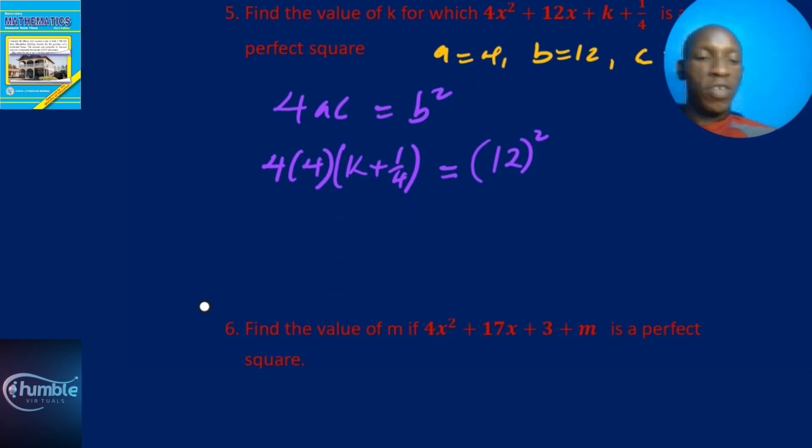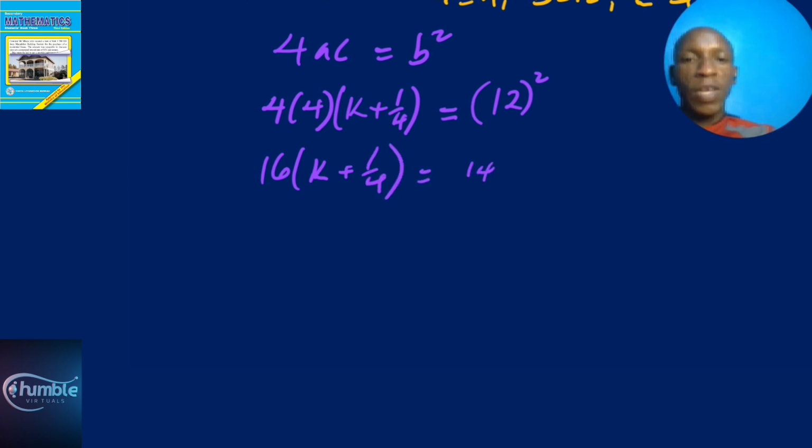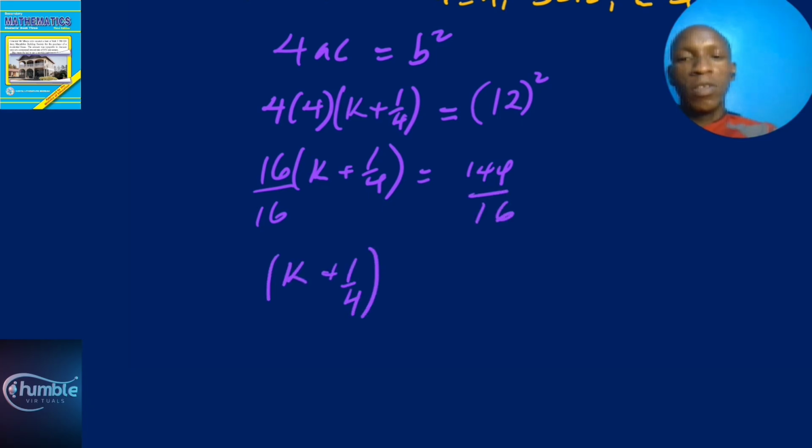4 by 4 is 16. So we shall now have 16 into k plus a quarter is equal to 144. So we can start by dividing both sides by 16, so that we remain with k plus 1 over 4 to be equal to this other side, 144 divided by 16.